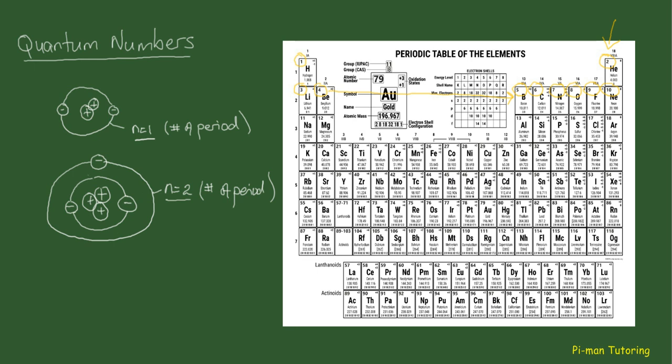So it appears that this n equals 2 level can actually hold a total of 8 electrons. 1, 2 in there for beryllium, 3, 4, 5, 6, 7, and 8.